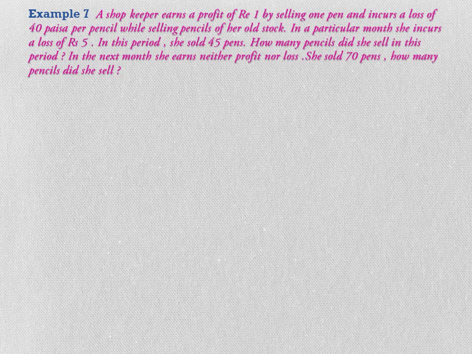Therefore, 70 pens, how much money will she get as profit? 70 into 1, 70 rupees. And how many pencils? But she has no loss or no earnings in that period. Therefore, we have to find out how many pencils she sold in that period.